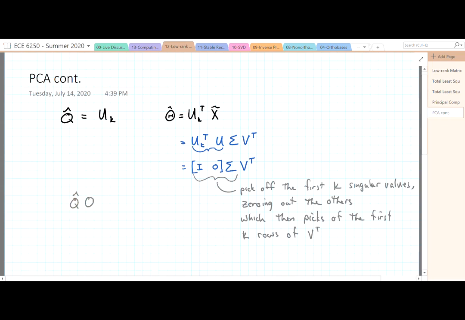Okay, so this effectively is saying we are now, by looking at Q hat times theta, so Q hat capital theta is our approximation of X tilde using the first k singular values, setting the others to 0.